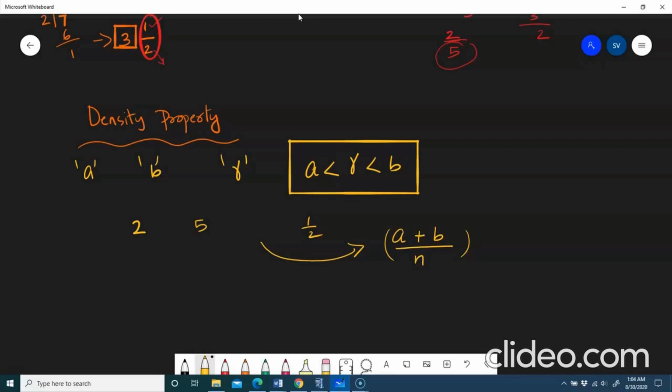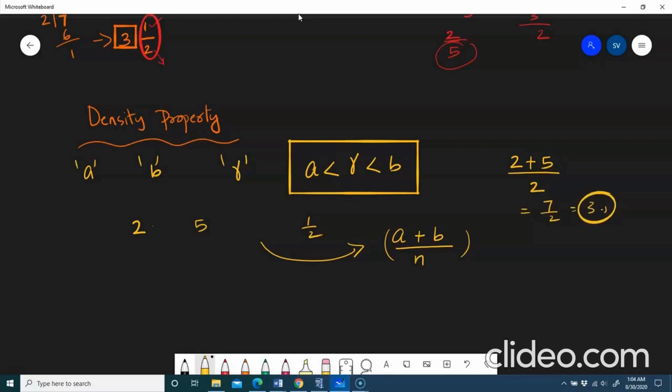So here it is asking for halfway between these two rational numbers. So we can try to figure it out. What will be that number? Add those two, 2 plus 5, divided by 2, because it is halfway. So this will be 2 plus 5, 7. 7 divided by 2 is 3.5.